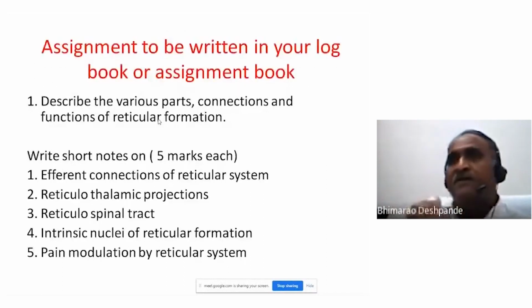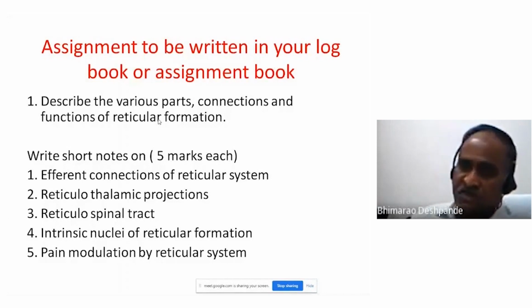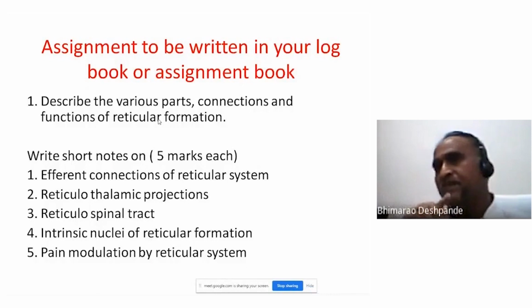For your work in the assignment book, describe the various parts, connections, and functions of reticular formation, and also write notes on efferent connections of reticular system, reticulothalamic projections, reticulospinal tract, intrinsic nuclei of reticular formation, pain modulation by reticular system. So you just write it in your assignment book so that you are ready.